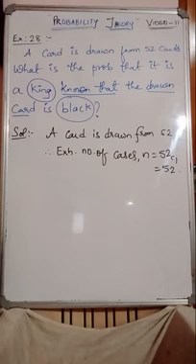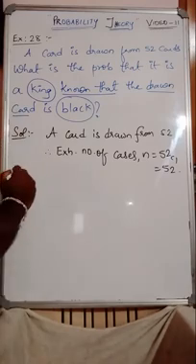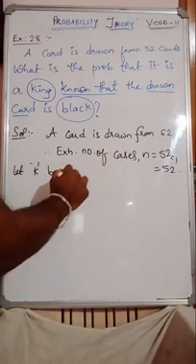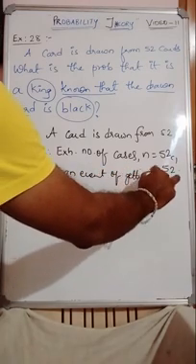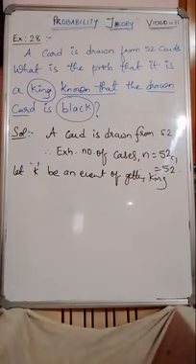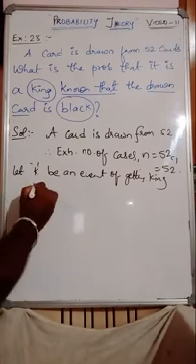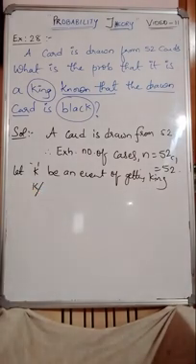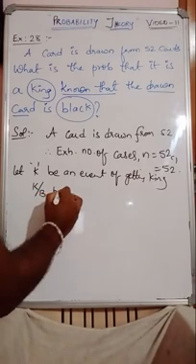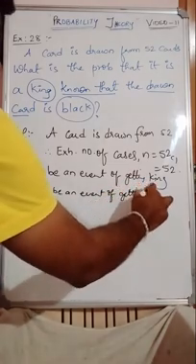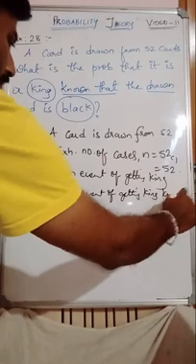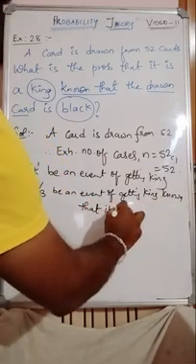Next, according to the question only we'll go. We need to know the king card. So let us consider the event. Let K be an event of getting a king card, right? Now K by B, known that, you know the symbol, known that means getting black, be an event of getting a king, known that it is black.